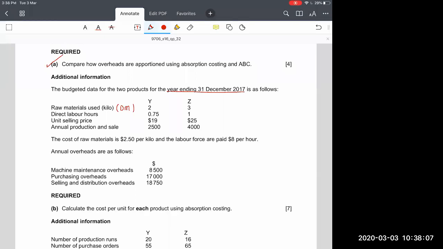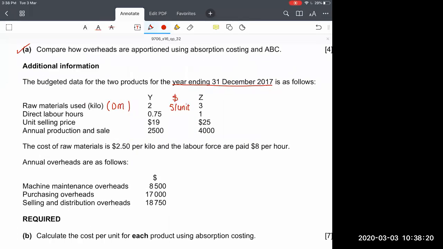Therefore, if product Y uses 2 kgs, 2 into 2.5, the cost of material is $5 for product Y, right? And for product Z, it's 3 into 2.5, that is 7.5 per unit. And the labor is paid at $8 per hour. So if 0.75 hours are used, 0.75 into 8 means the direct labor cost per unit is 6.